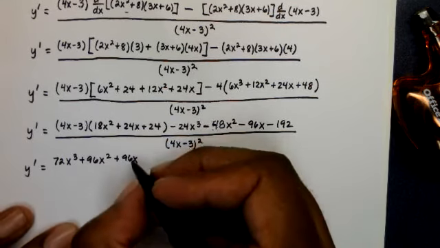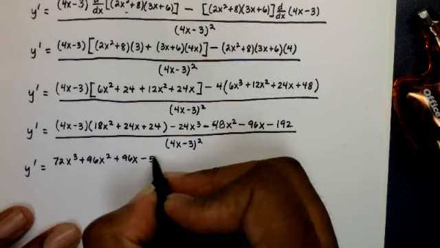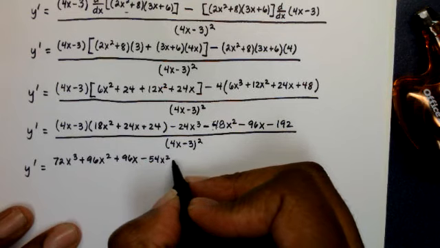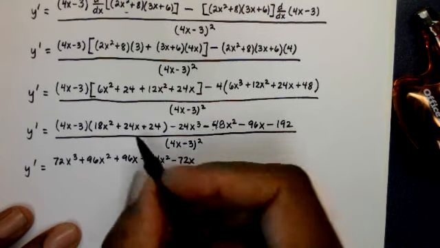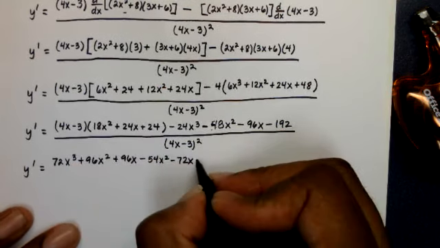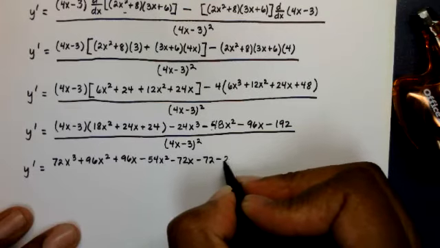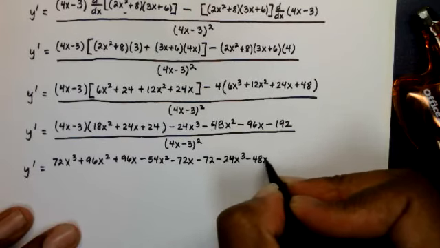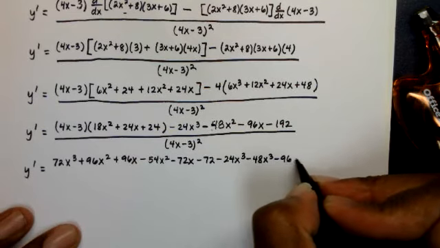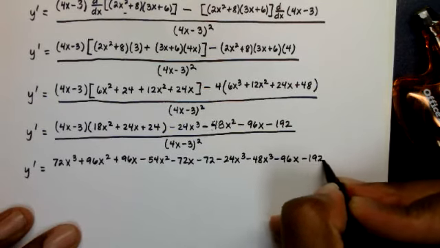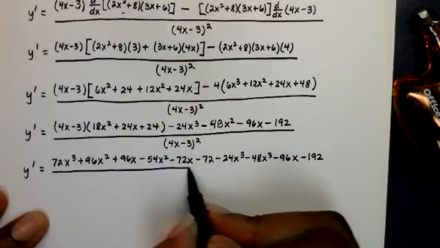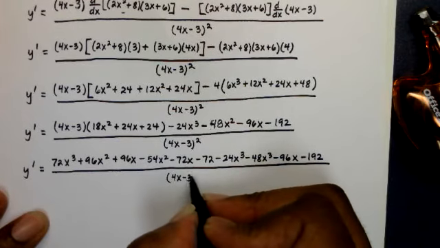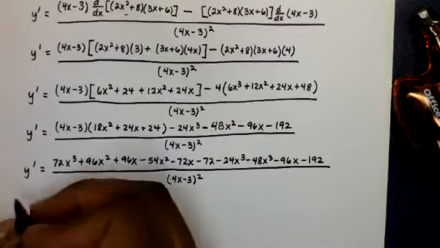Then minus 3 times 18x squared would be minus 54x squared. Minus 3 times the plus 24x would be minus 72x. Then minus 3 times the plus 24 would be minus 72. Now we will bring down the remaining terms. And every bit of this will be divided by still 4x minus 3 quantity squared.